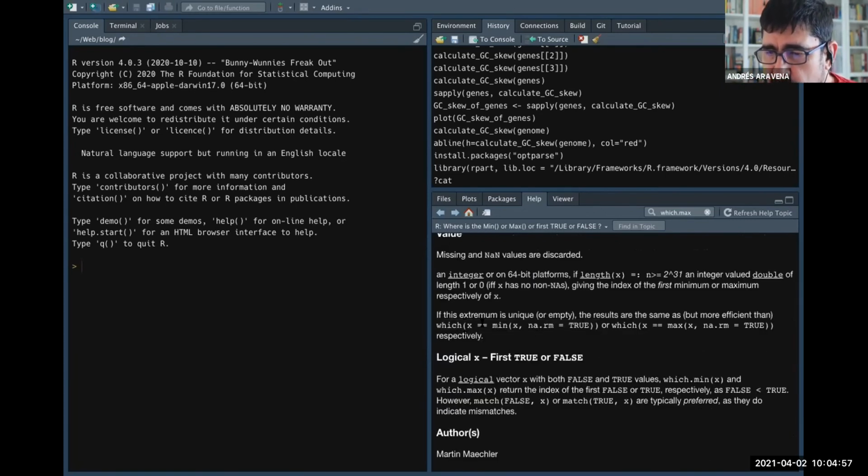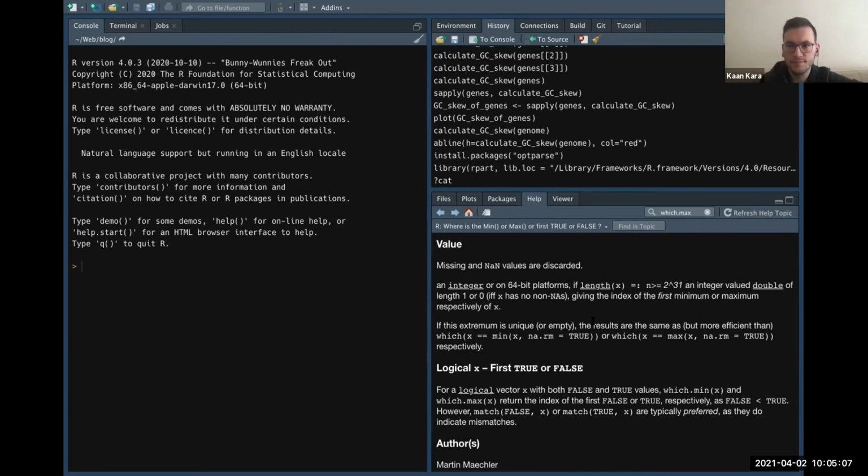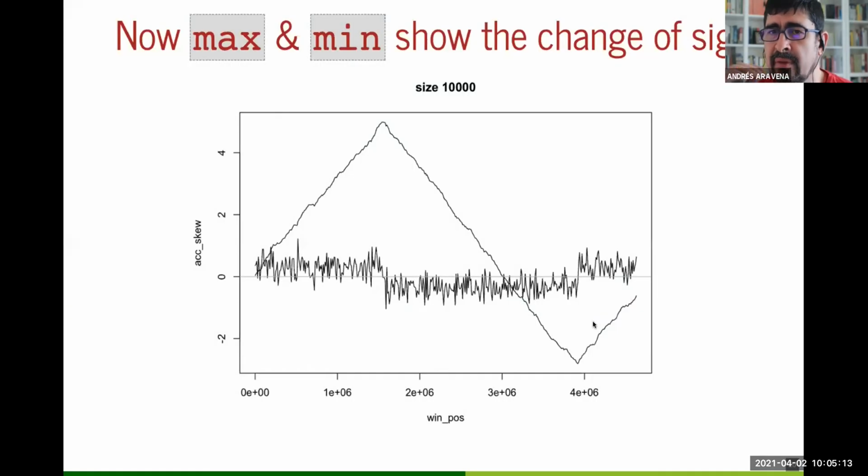This other will give you a list of all the points that are equal to the minimum or the maximum. But in this case, we have a strong assumption that the global maximum and global minimum are unique. In bacteria, that is true.